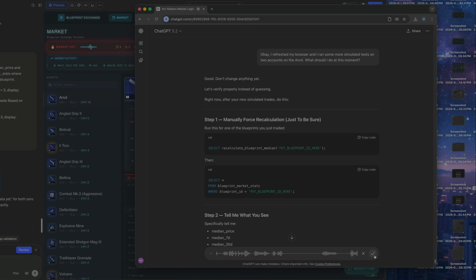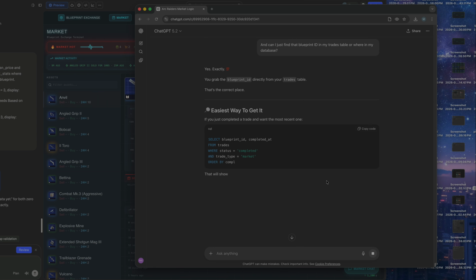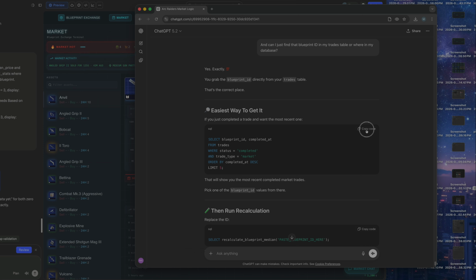Manual blueprint ID, okay. And can I just find that blueprint ID in my trades table? Or where? In my database? You grab your blueprint ID directly from your trades table, and that's the correct place.